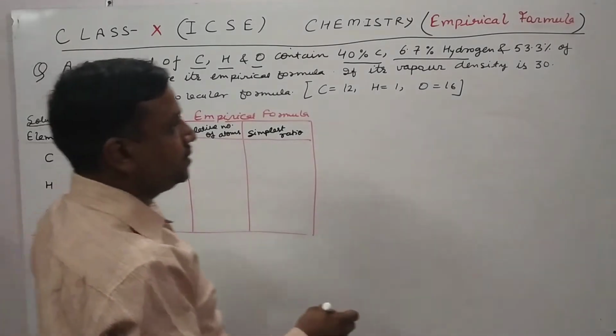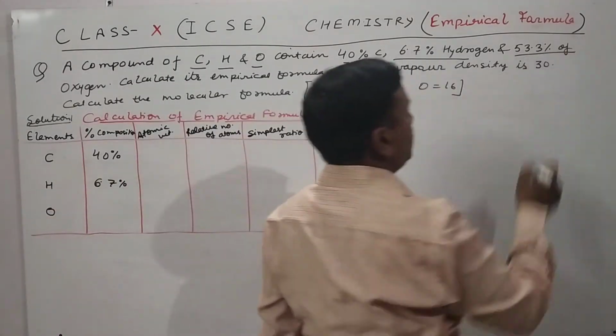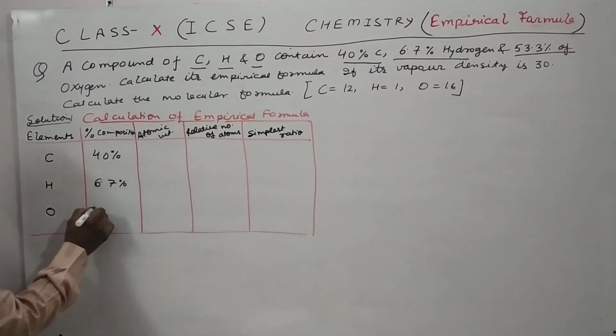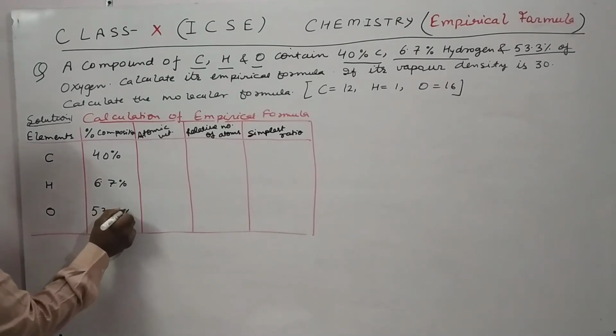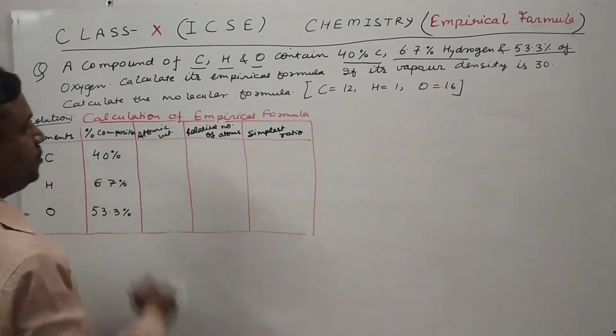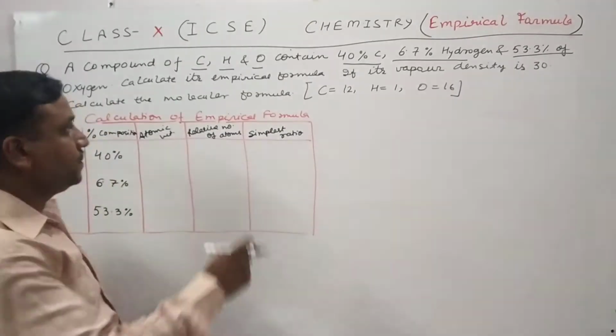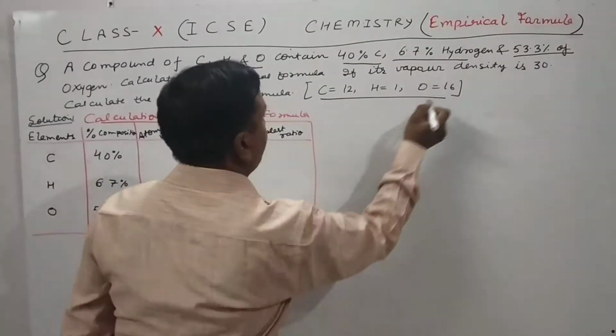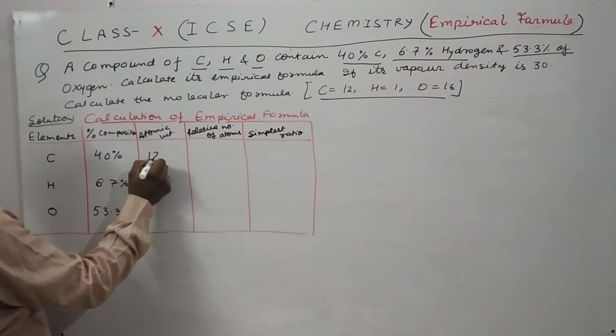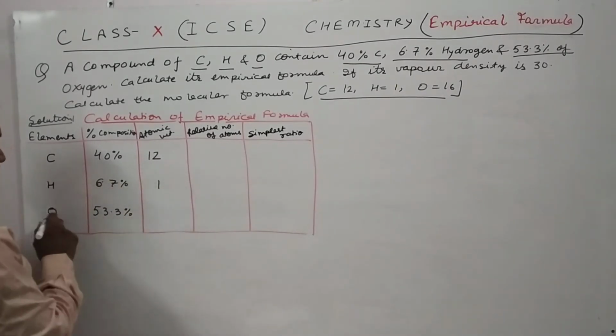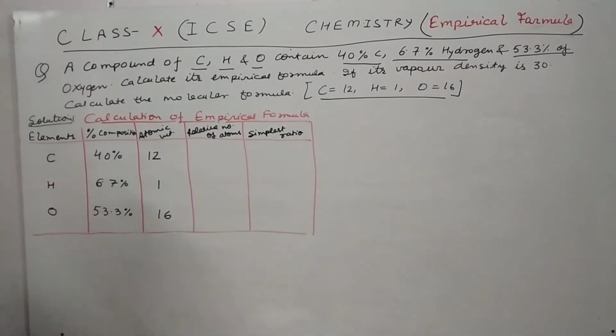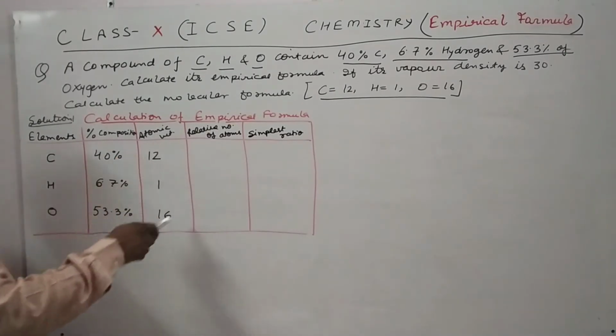And at last 53.3% is oxygen. Next you have to put the atomic weight that is already given. The atomic weight of carbon is 12, that of hydrogen is 1 and oxygen is 16. So these are the contents given in the question.